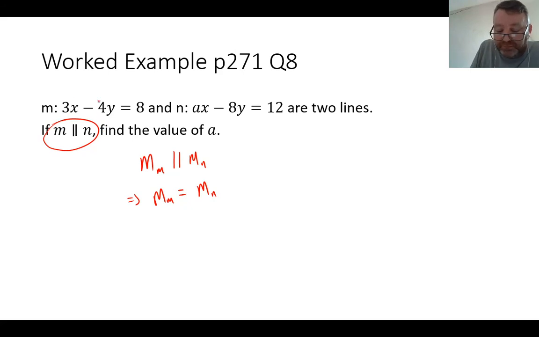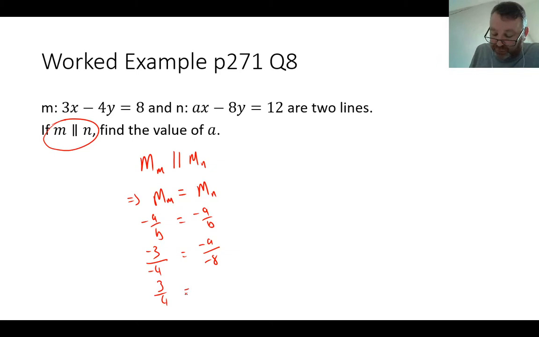So that means it's going to be -a/b. So minus the first number, -3, over the second number, -4, which is 3/4. Now, if these are parallel, then that has to be exactly the same as -a/b over here, which is minus the first one, which stays -a, over the second one, which is -8.